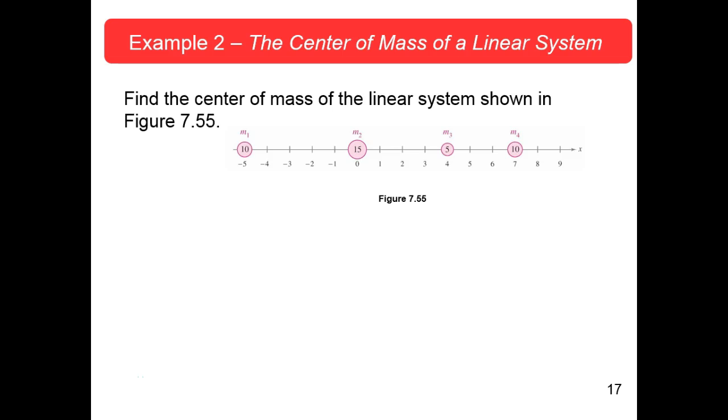Now, this would be a problem here. We could probably do this almost in our head. This would have a moment of minus 50, right? They don't even give units, so we'll just leave the units off. Minus 50, what's the moment here? 0, because it's sitting on 0, okay?